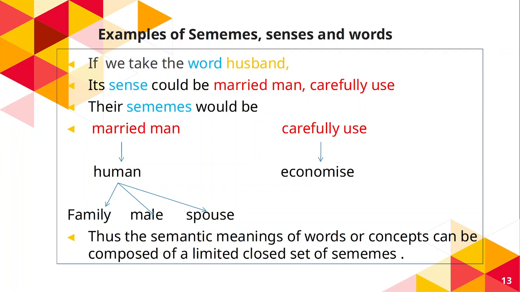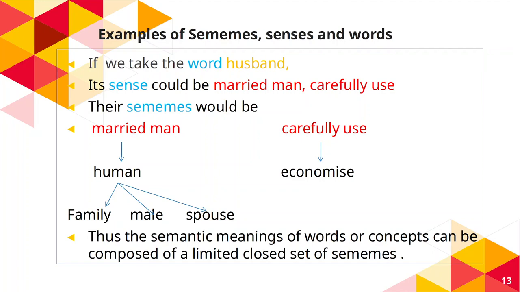So their sememes would be, if we take up the first meaning, husband, married man. So a married man obviously is a human being, a male person belonging to a family, family oriented, and obviously a spouse. So all these three words, family, male and spouse, are associated with husband. So three senses.